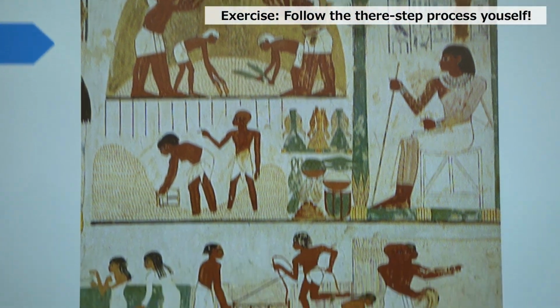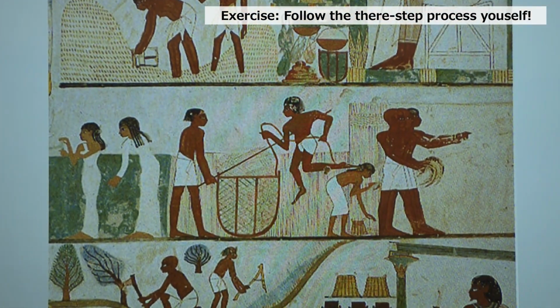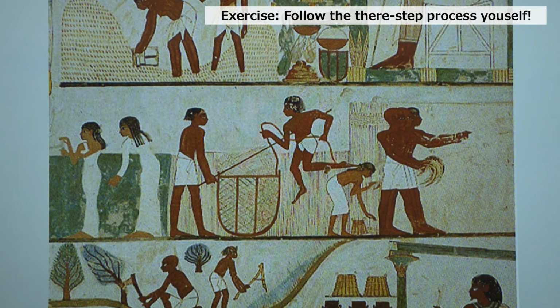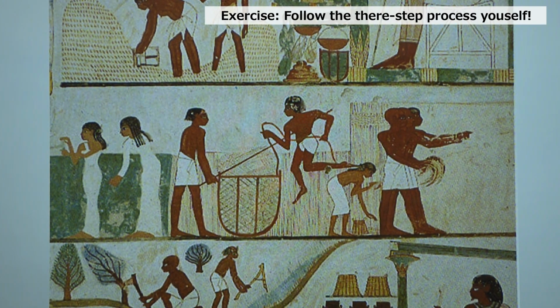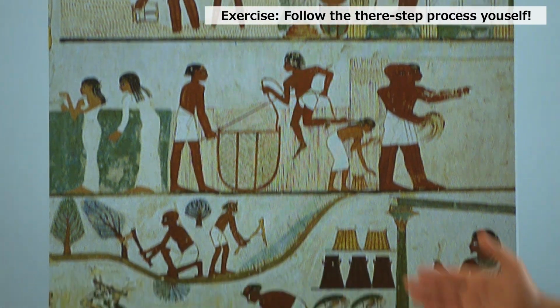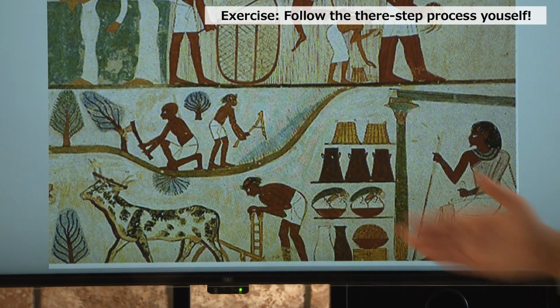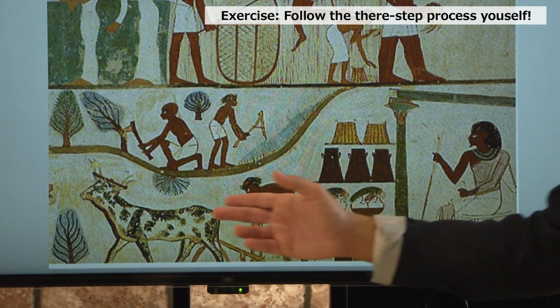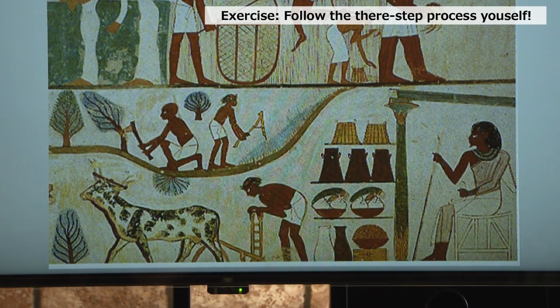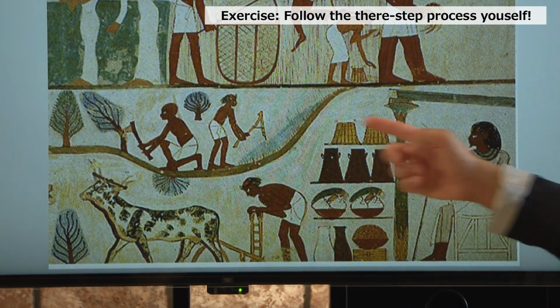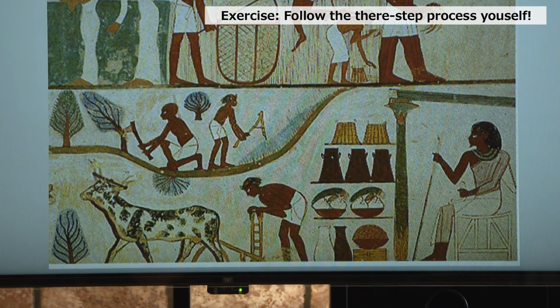Here we see them gathering what they have planted. And then we see them cutting trees, using animals for the harvest, using some sort of utensils to hold products.